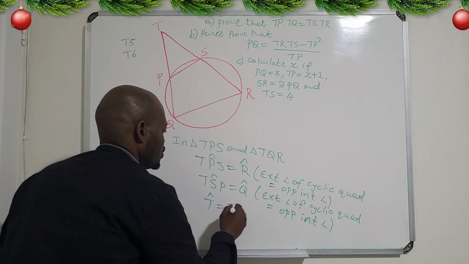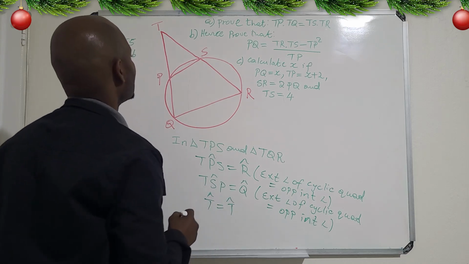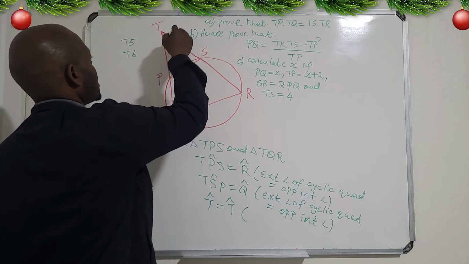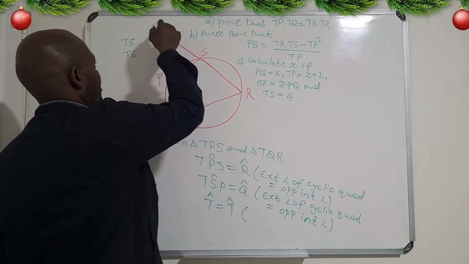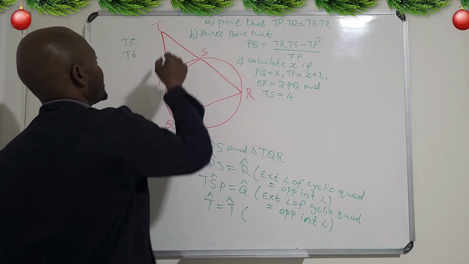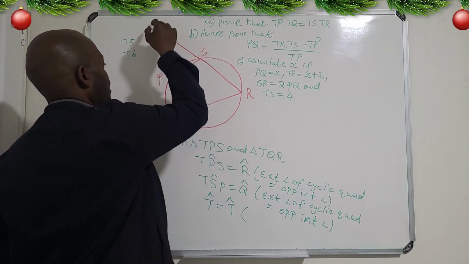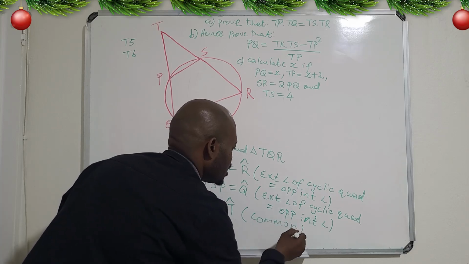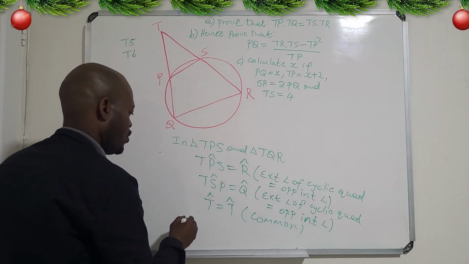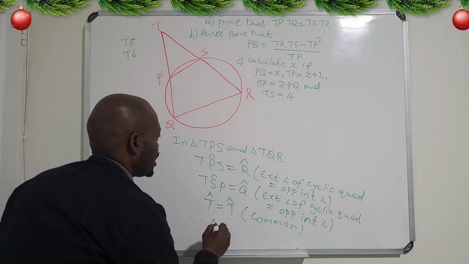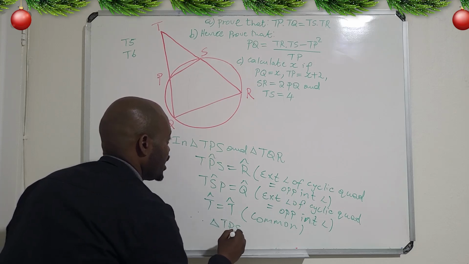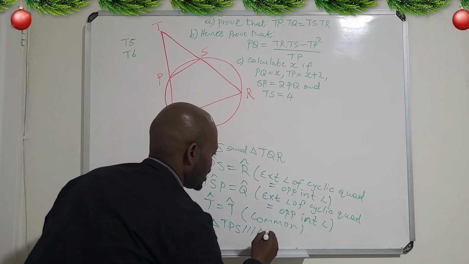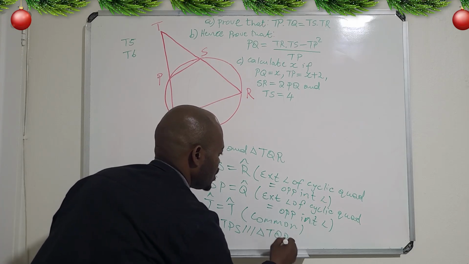is equals to angle T, because angle T is common for the two triangles. It's still an angle for this triangle. It's still an angle for this triangle. Therefore, angle T is common. Therefore, triangle TPS is similar to triangle TQR.